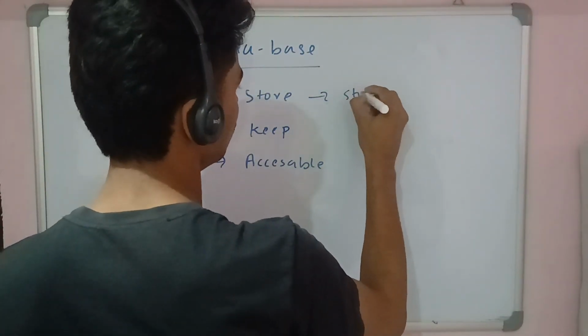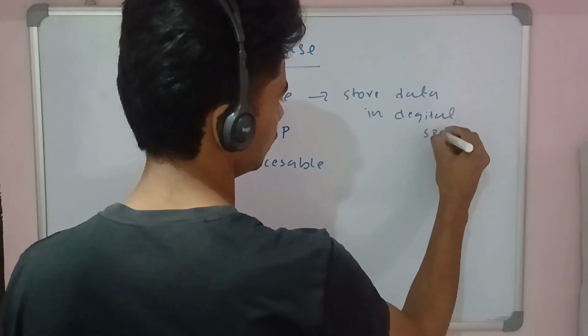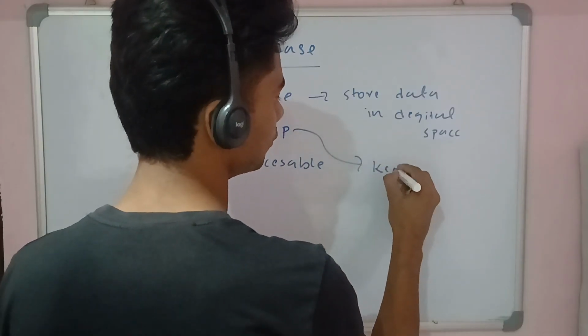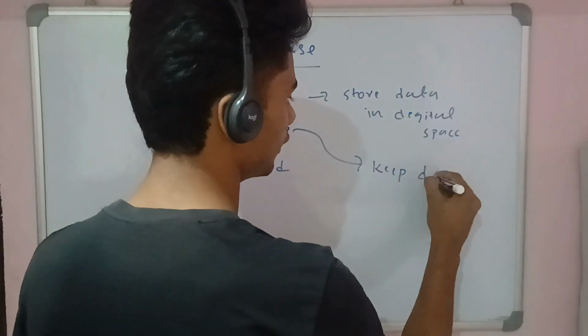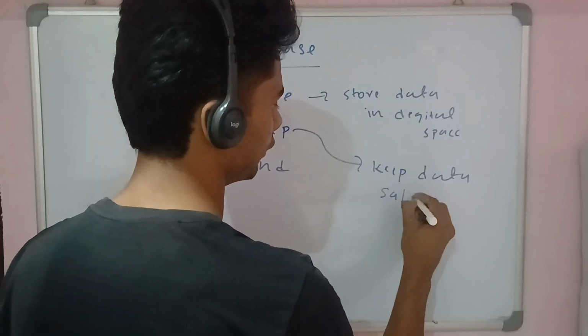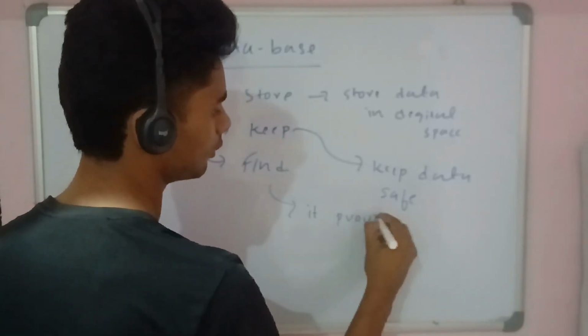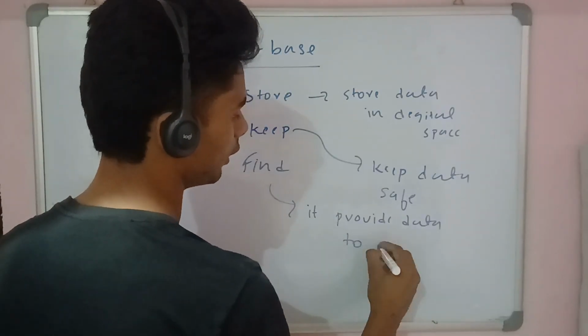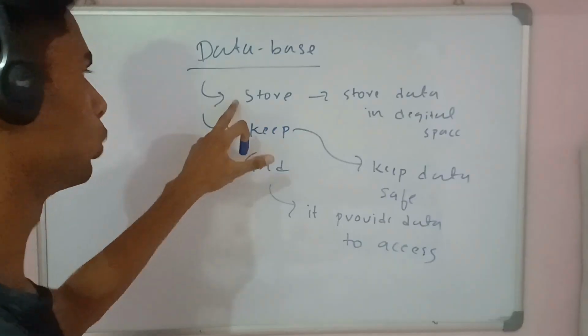A database stores digital information in digital memory space, and it keeps the data safe, and it provides easy access to find the data. So the database is all about three words: store, keep, and find.